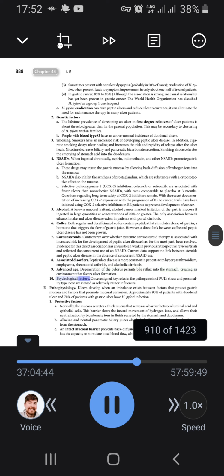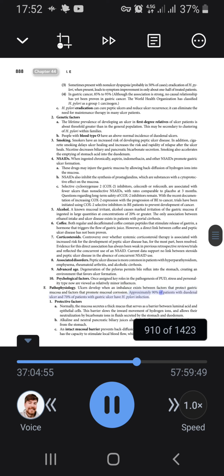Psychological factors. Once assigned key roles in the pathogenesis of PUD, stress and personality type now are viewed as relatively minor influences. F. Pathophysiology. Ulcers develop when an imbalance exists between factors that protect gastric mucosa and factors that promote mucosal corrosion.